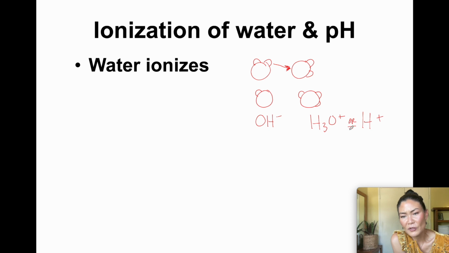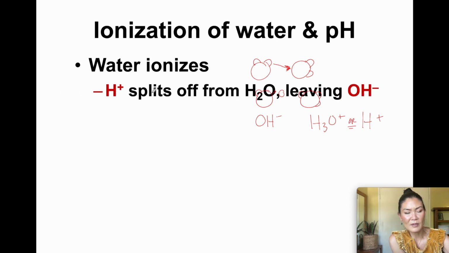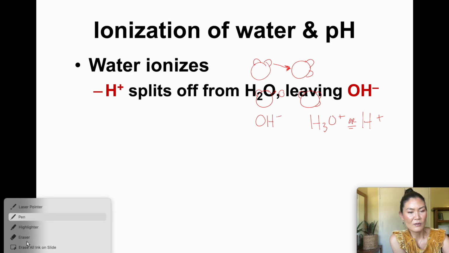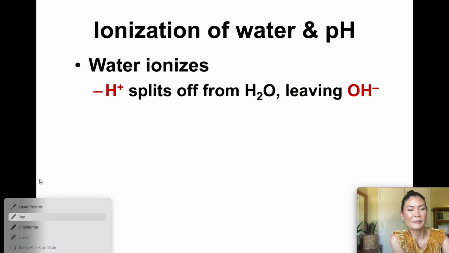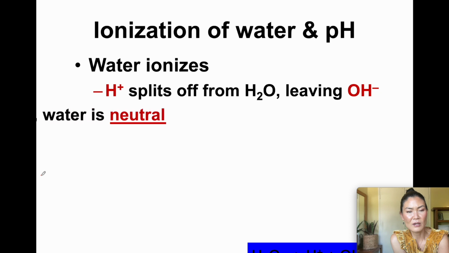We could just refer to the H as H plus, because think of it this way: as the hydrogen atom pops off, that's our H plus, okay? So when water ionizes, H plus splits off from H2O, leaving OH minus, okay?